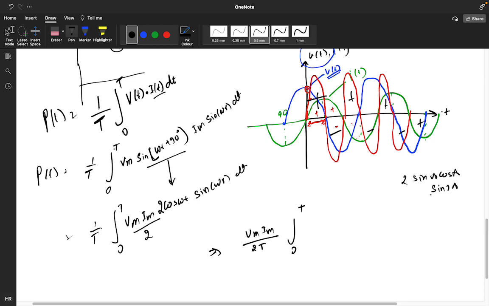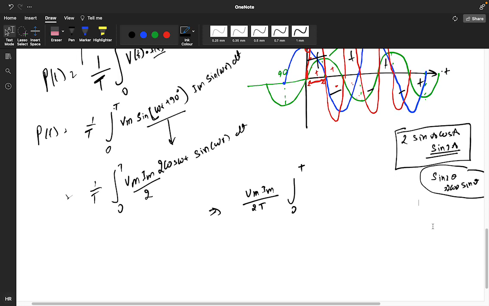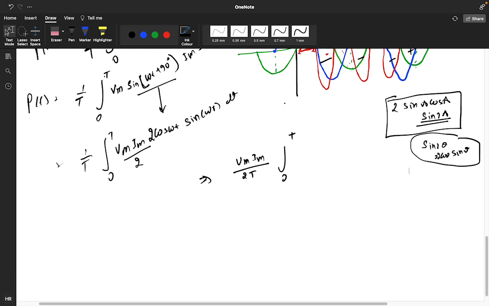Sine 2a. Do you guys remember this formula or forget? Sine 2 theta is equal to 2 cos theta into sine theta. Prasanna, you remember? I remember. Okay.